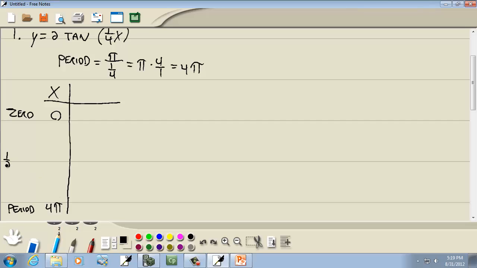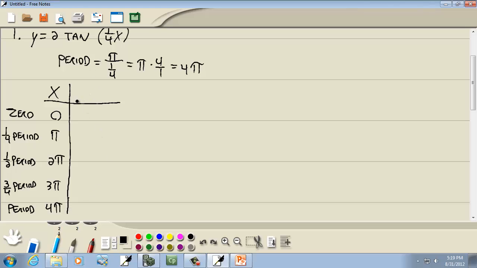In the middle is half of our period, which is 2 pi. This is a quarter of a period, which is pi. And you can see a pattern: 0, pi, 2 pi, then 3 pi. The formula for it is 3/4 of our period. You're just multiplying: 3/4 times 4 pi, 1/2 times 4 pi, 1/4 times 4 pi.